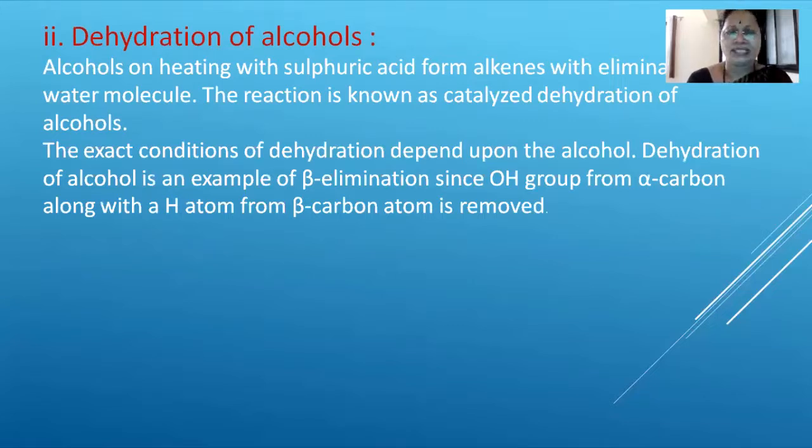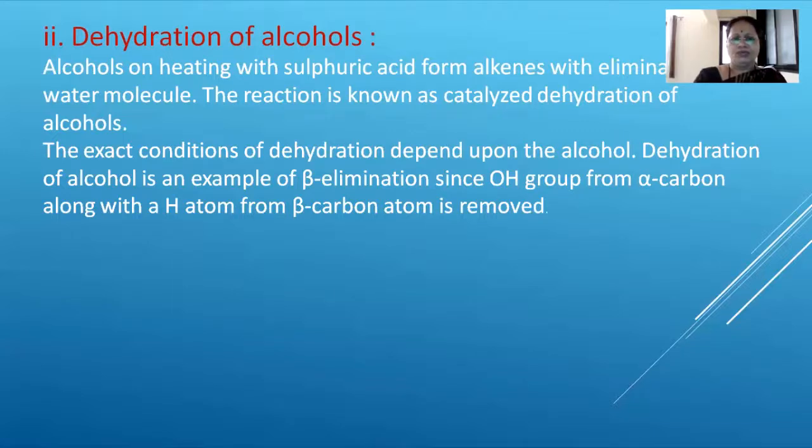Now the exact condition of dehydration depends upon the type of alcohol. So here again removal of OH group and hydrogen from adjacent carbon atoms takes place. So same like dehydrohalogenation, this reaction is also called beta elimination reaction.